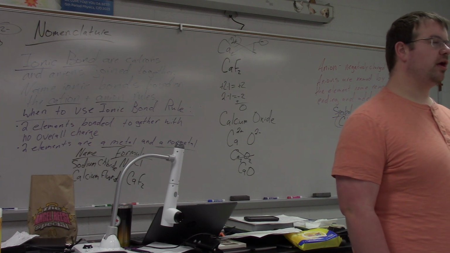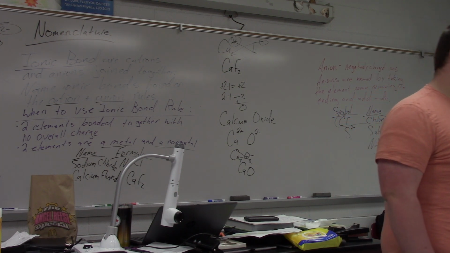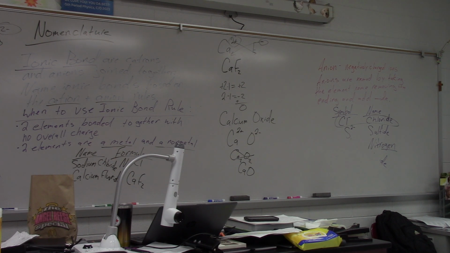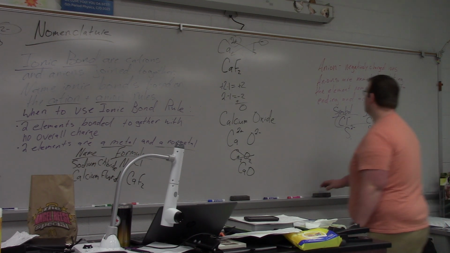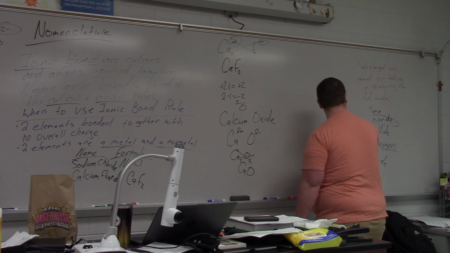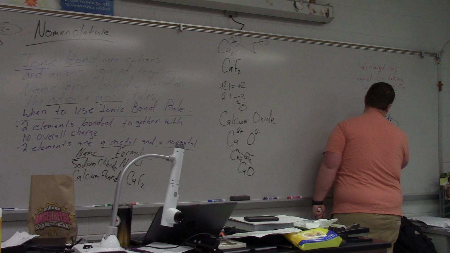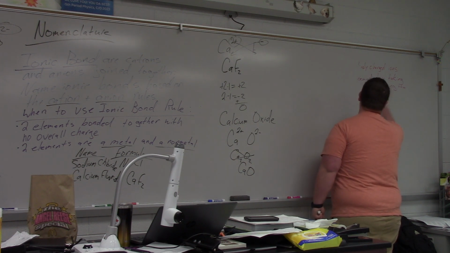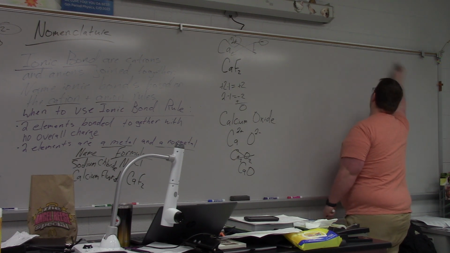But I do want to go through and give you some background knowledge and refresh you on stuff that you're going to do tomorrow in the lab. So tomorrow's lab, what you're going to do is identify the types of bonds inside of different compounds.